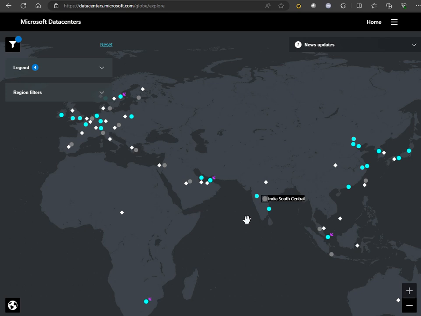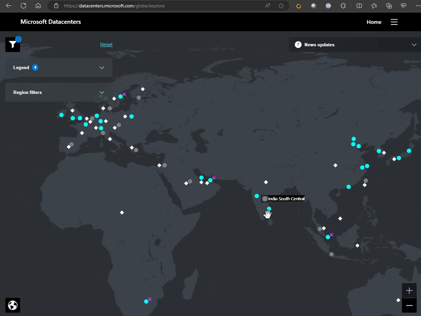If I open this now, you would see Central India is paired with South India. This pairing is only possible when there is a separation of at least 300 miles, which is there. Remember this, and these are connected through low latency WAN links with latency less than 20 milliseconds. That's about regional pairing.